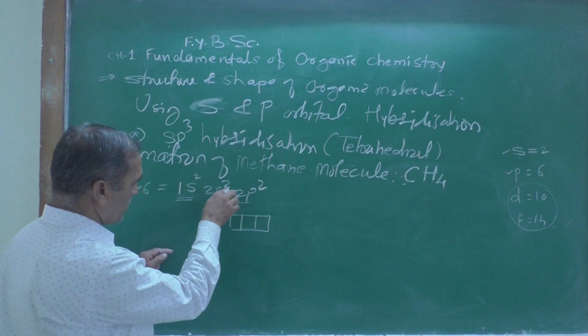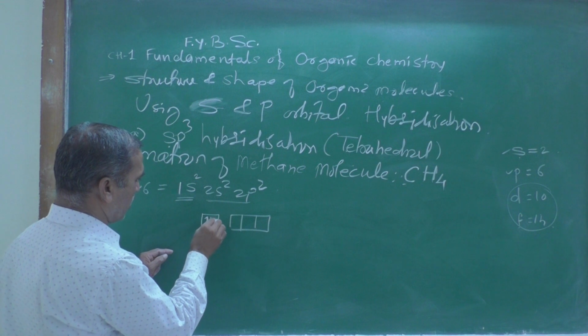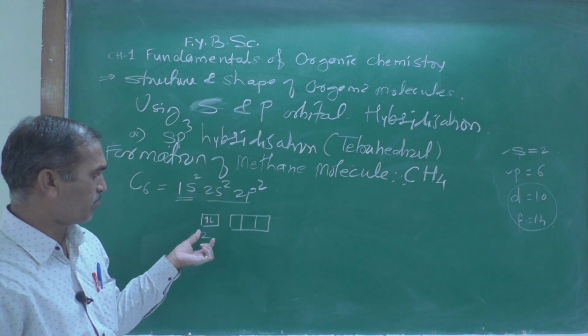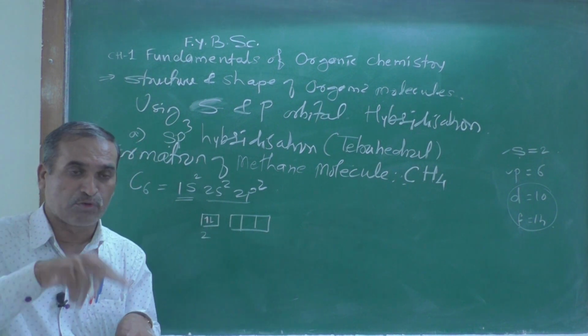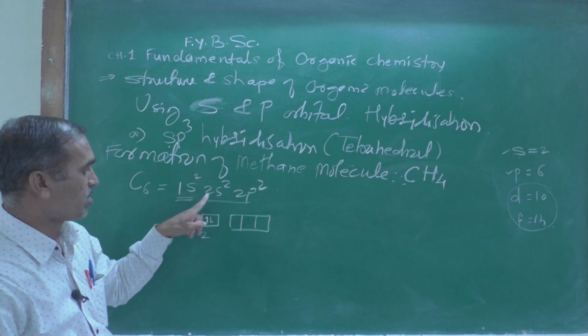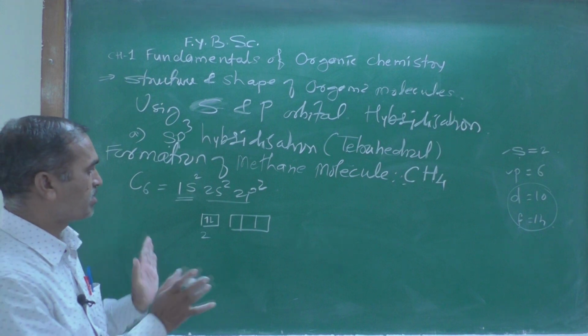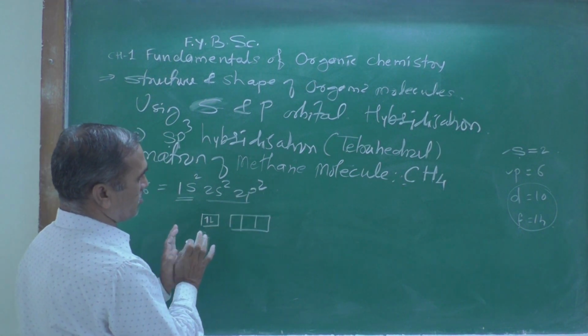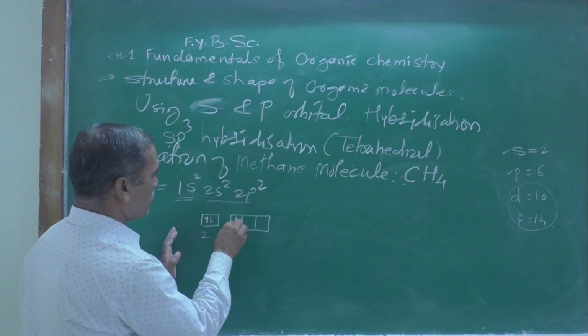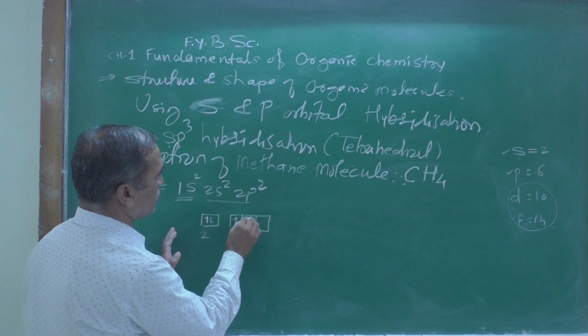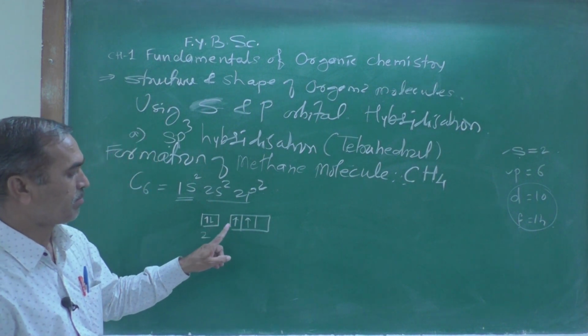In the s orbital there are 2 electrons with opposite spins, one above and one below, and therefore it is completely filled and stable.